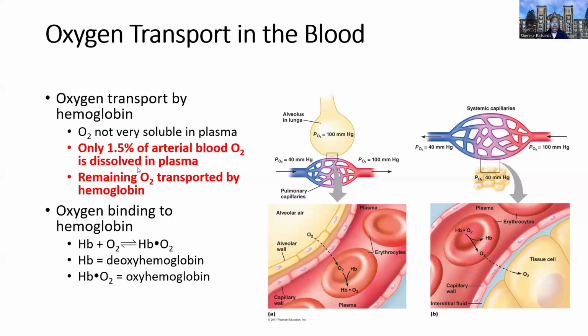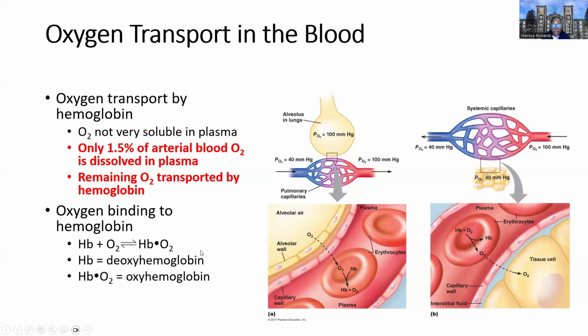When we think about the state of hemoglobin, when it has oxygen bound, it's going to be called oxyhemoglobin. And when it doesn't have oxygen bound, I should say when it's not fully saturated, it's going to be called deoxyhemoglobin. So oxyhemoglobin is that fully saturated, bound oxygen, and deoxyhemoglobin is not.